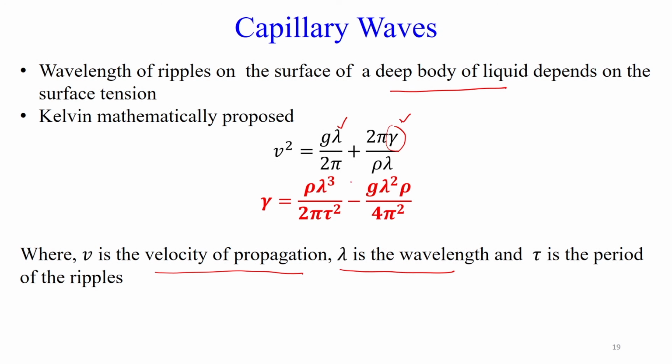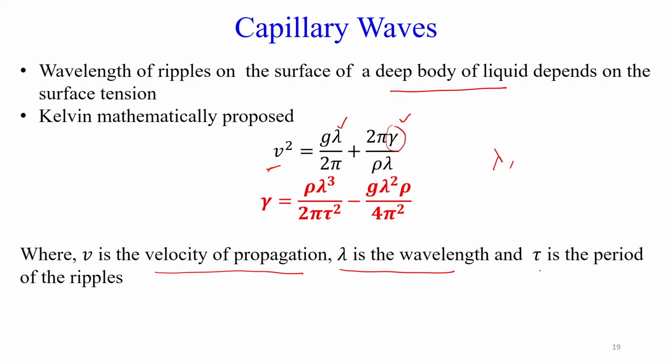So, it says the velocity of propagation is a function of wavelength plus interfacial tension. What you have to monitor is the wavelength, and once we know this wavelength we should be able to calculate the tension. So, we require this wavelength and this velocity.